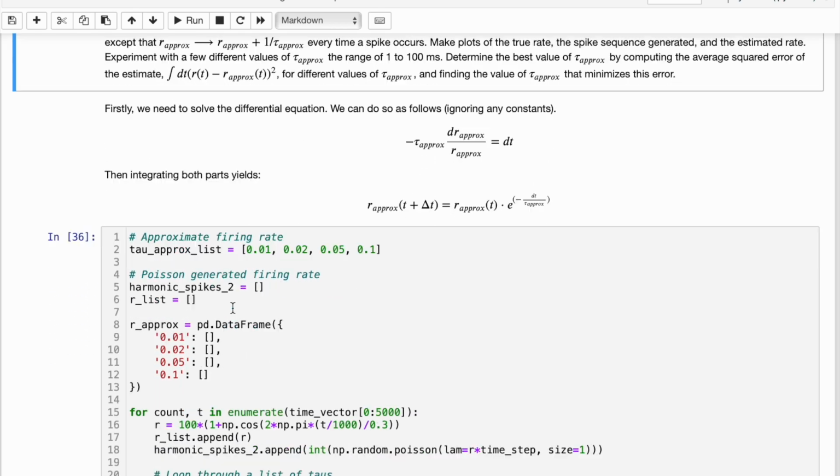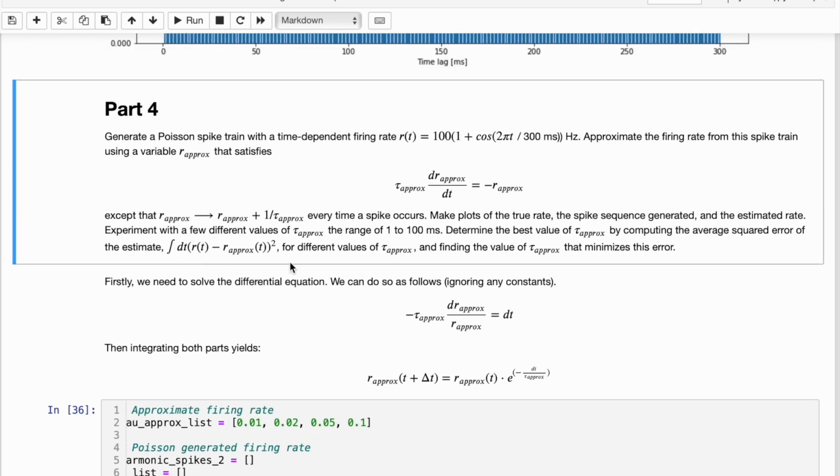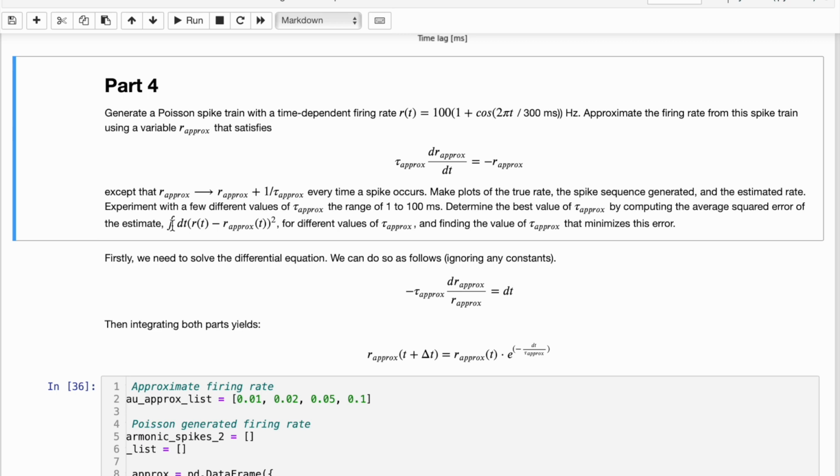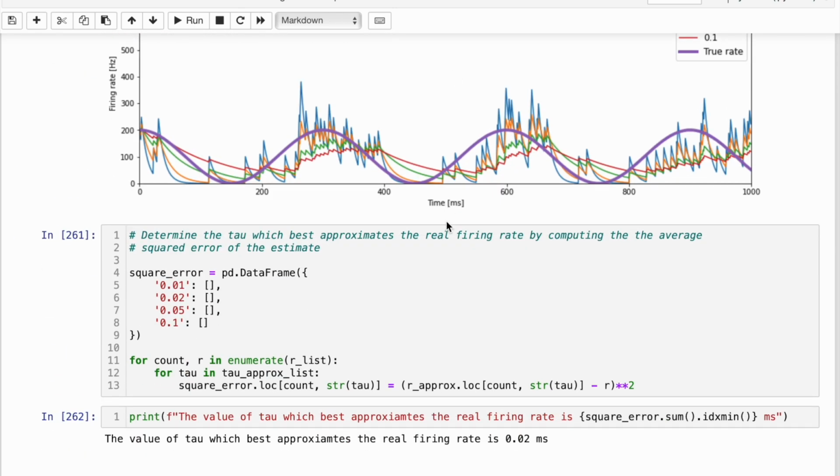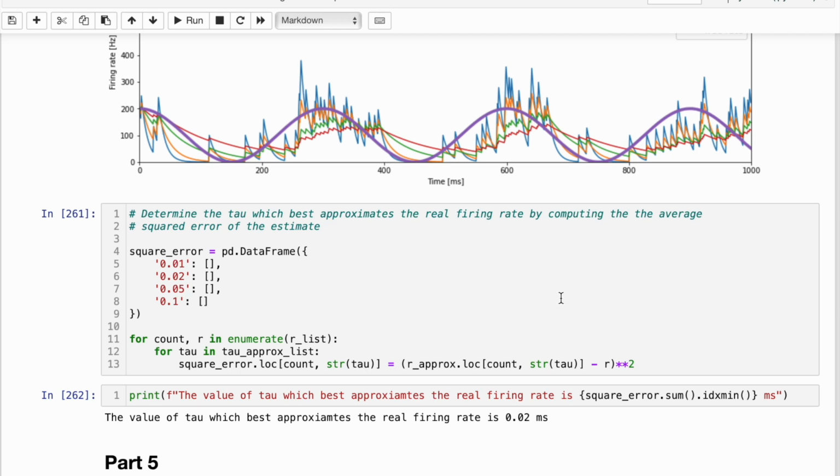Now, obviously, we are using discrete, not continuous data, so it's not really going to be integration. It's really just a sum divided by length. And this is what the code for that looks like.